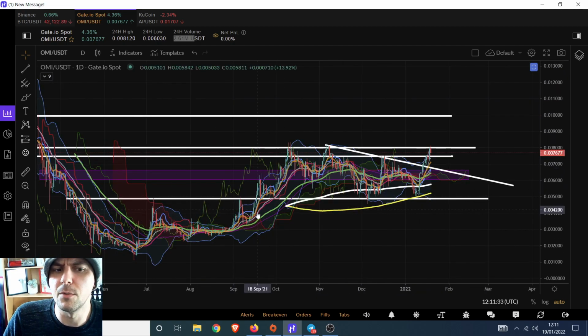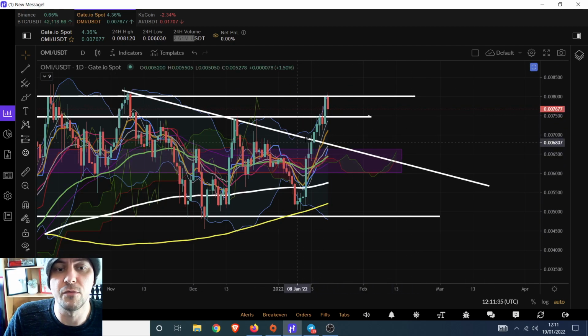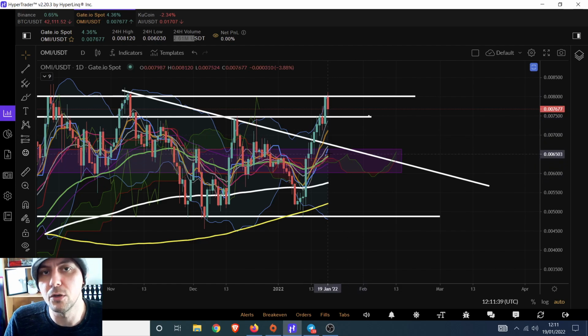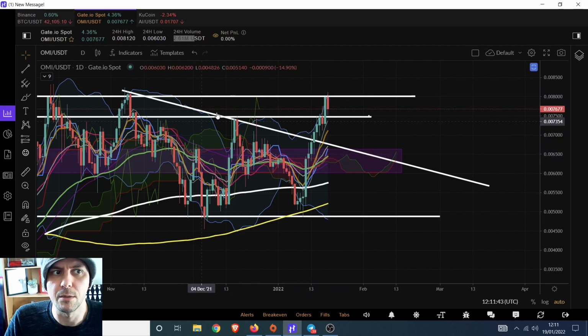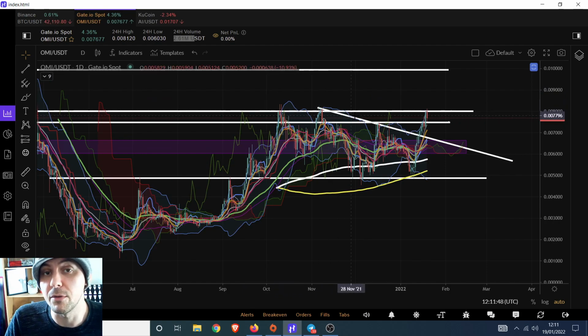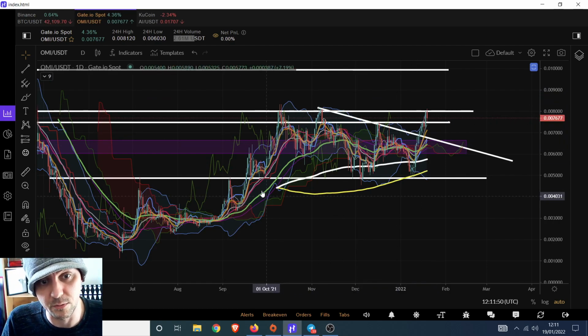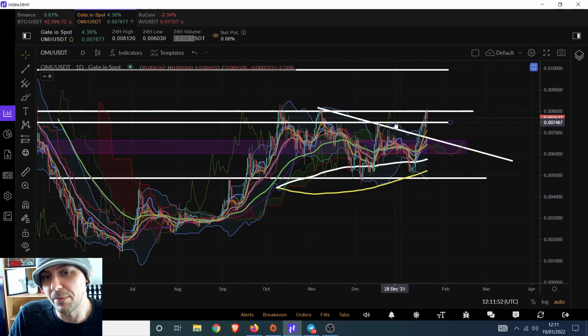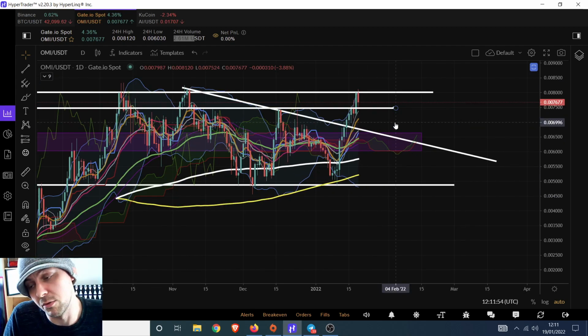I'm already in this from a lower level, so it's just nice to see a confirmation of an uptrend form at this level. So I would probably be on your side looking at this now going, okay, well, I'm a bit scared. The market's generally red. We are at a very strong level of resistance here historically since we came up to test this level. So I'm a bit scared to enter the trade, and I would agree with you.